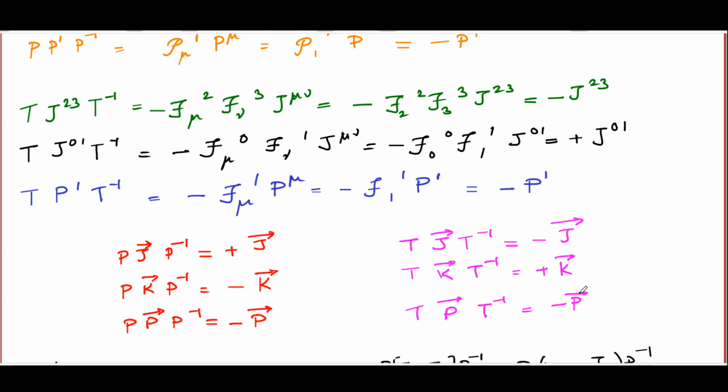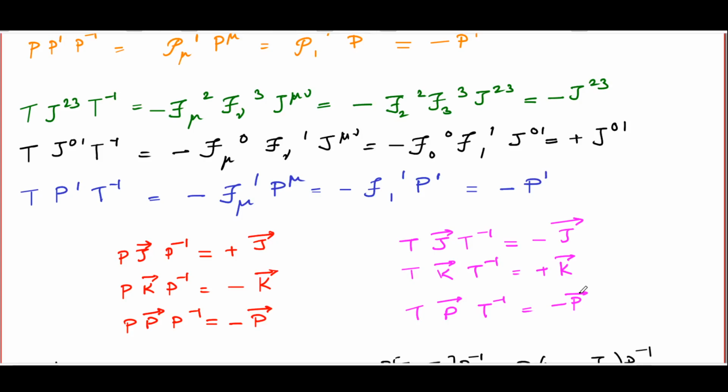Angular momentum, after all, is a cross product of two real vectors. It's thus a pseudo vector, and under parity, both the real vectors r and small p, position vector and momentum, change sign, but the angular momentum doesn't. Under time reversal, on the other hand, r does not change sign, momentum does, so their cross product changes sign. So T J T inverse actually changes sign, which is consistent with that.